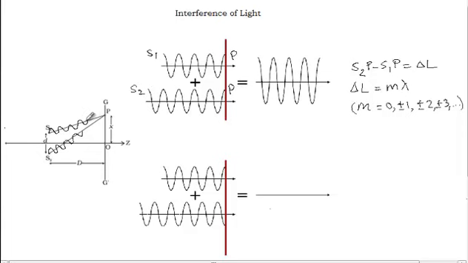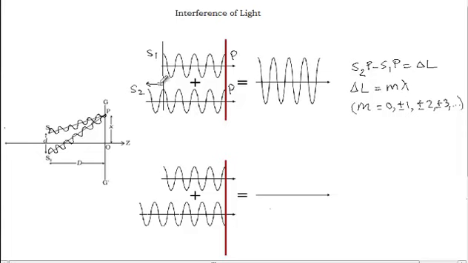Now the waves are traveling different distances. S2P is traveling a greater distance than S1P, and say this difference in path length is delta L.